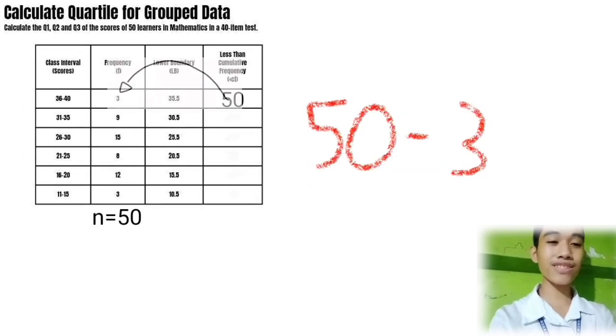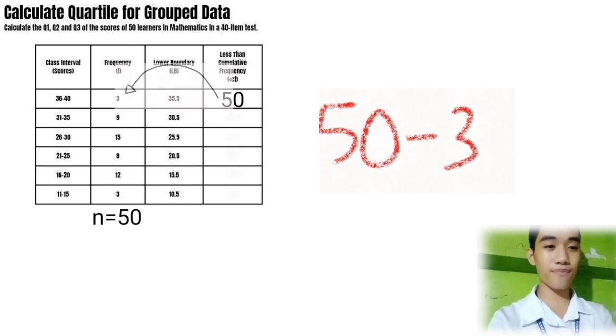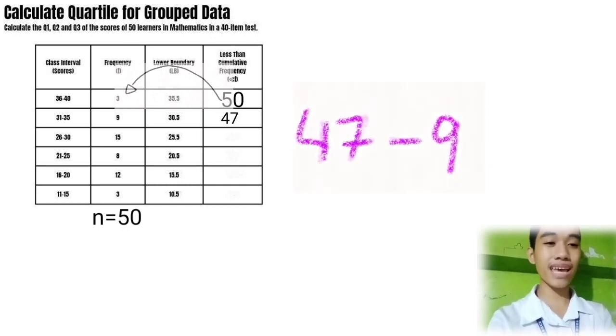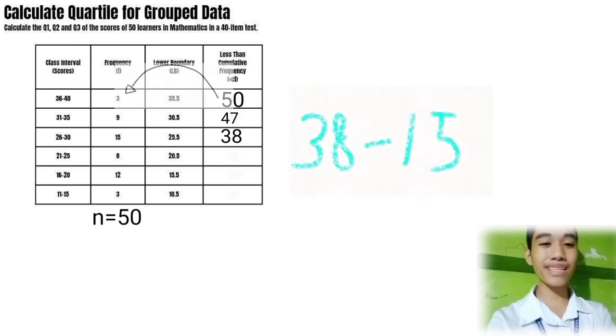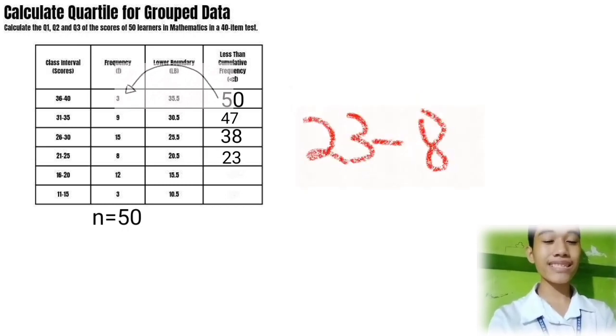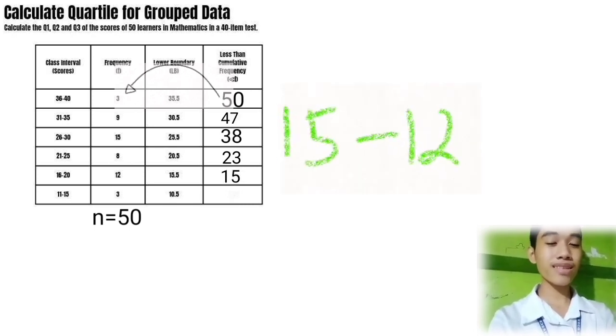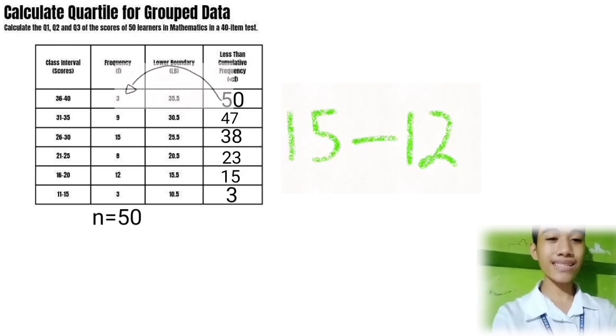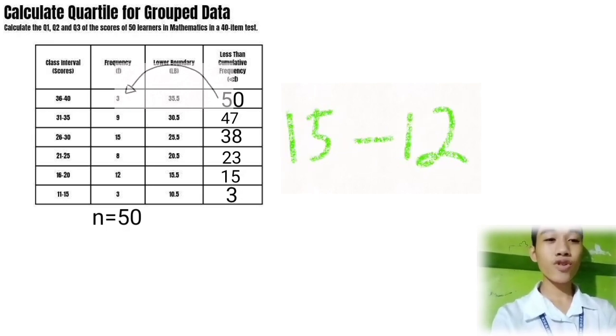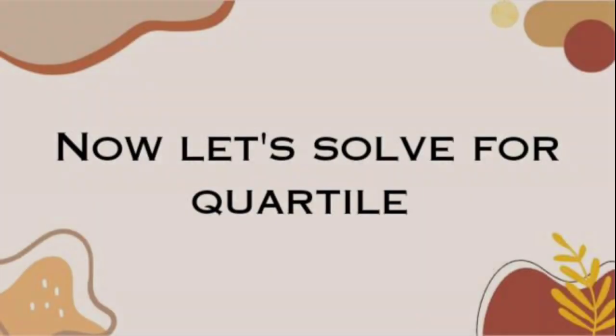This is how we do it. 50 minus 3 is equal to 47. 47 minus 9 is equal to 38. 38 minus 15 is equal to 23. And 23 minus 8 is equal to 15. And lastly, 15 minus 12 is equal to 3. And that's the step you should do in getting the CF, or the cumulative frequency, for your table.